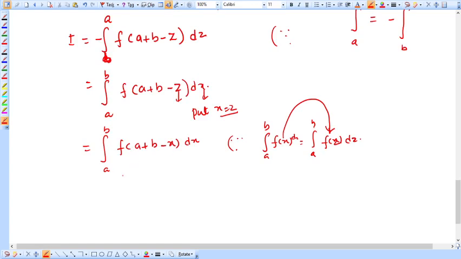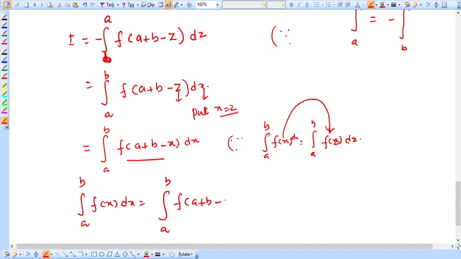And what was I here? I was integration a to b f of x dx, and it is equal to integration a to b f of a plus b minus x dx. So keep one thing in your mind, that a plus b are nothing but the addition of these two numbers. We cannot use alpha and beta in place of a and b.